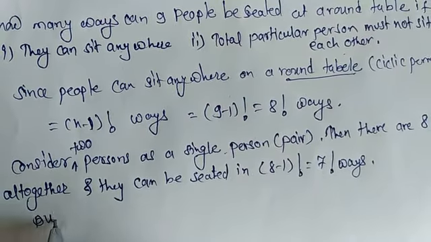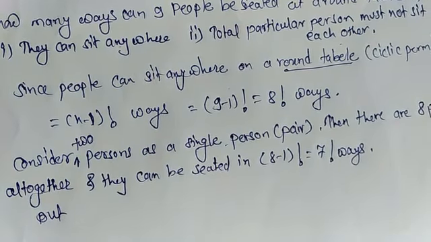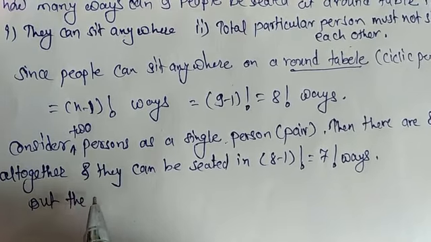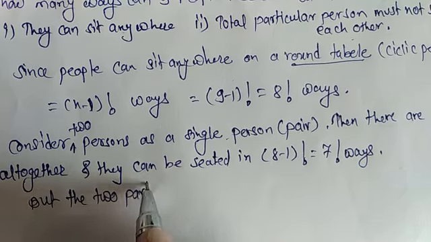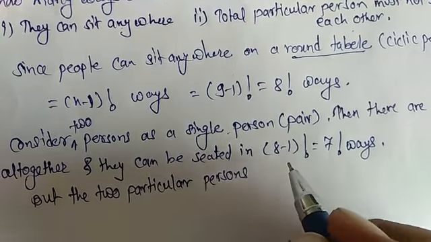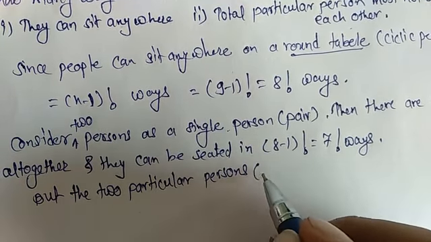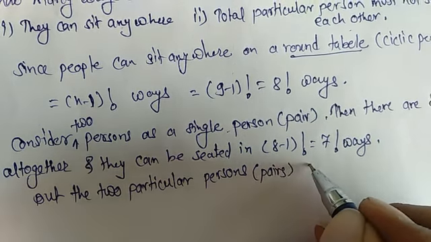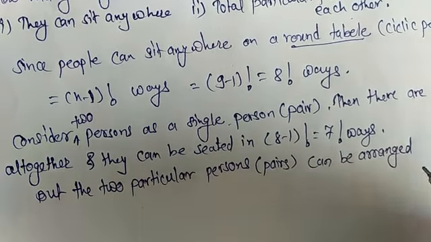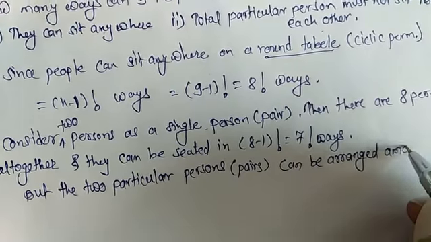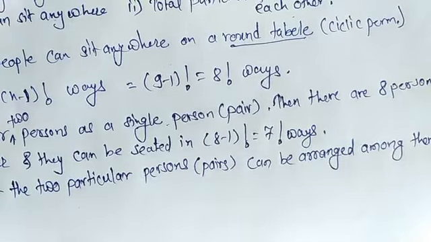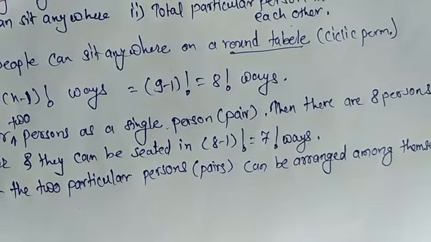But the two particular persons, or the pair in brackets, can be arranged among themselves in 2 factorial ways.